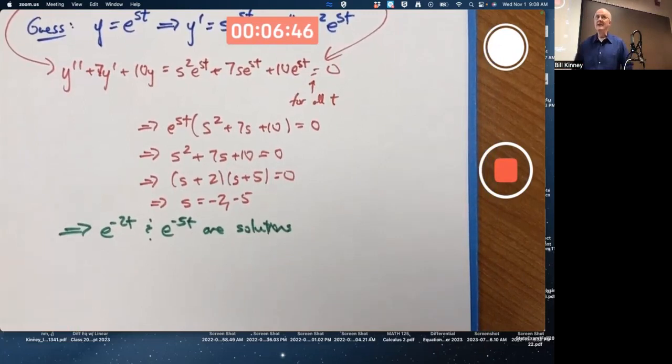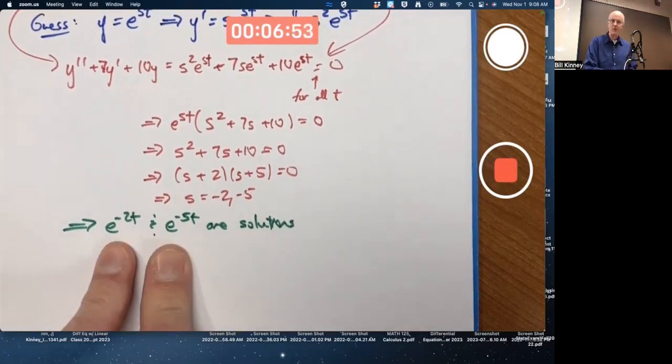In fact, as functions, they are linearly independent. Why? Well, because there's just 2 of them. They're not scalar multiples of each other. That's enough to say they're linearly independent.